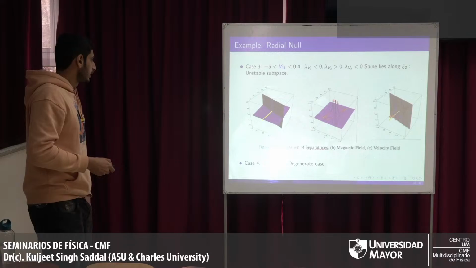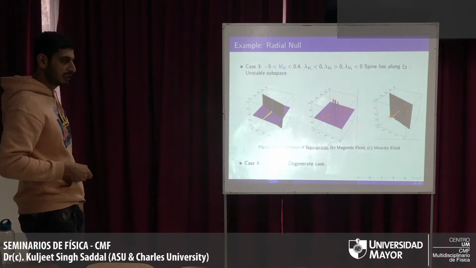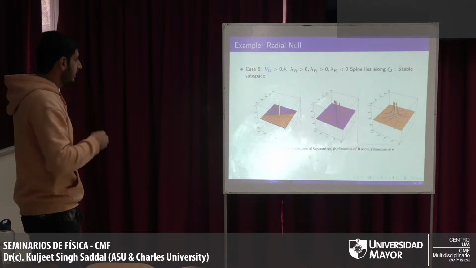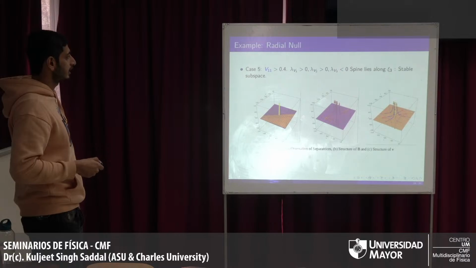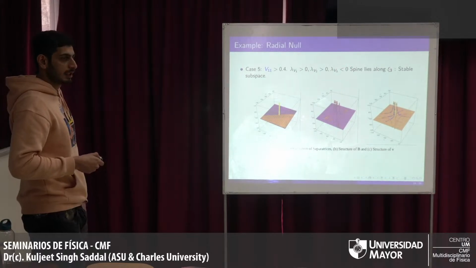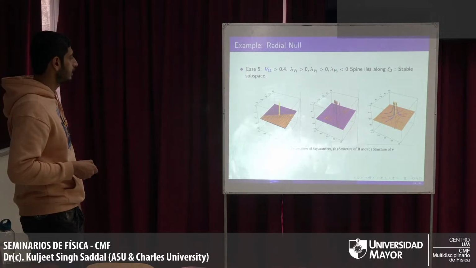Then again at V11 equal to 0.4 we get a degenerate case. And finally when we cross the degenerate case, we again have two of the eigenvalues positive, one negative. That means the spine lies along the eigenvector corresponding to the negative eigenvalue, and that is the z-axis in this case. So the purple line and the yellow line will coincide.